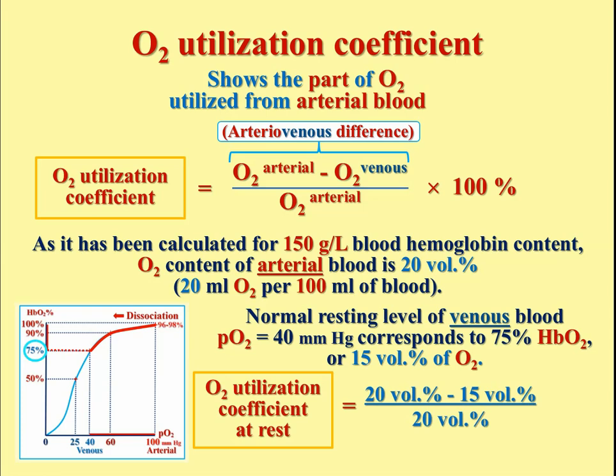So it makes 5 volume percent utilized. And divided by initial 20, it makes 25%. So standard resting value of oxygen utilization coefficient is 25%. But you remember that for different organs it can be different.